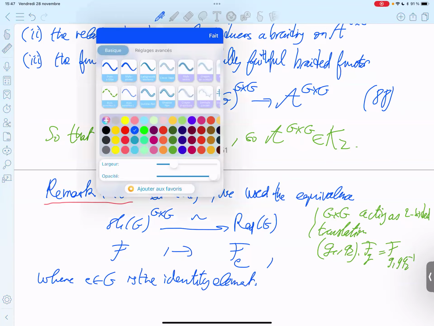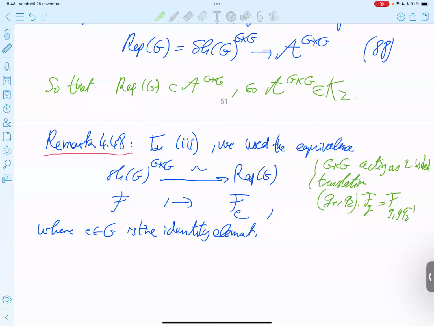So what can we say about that? So we are reduced to Fe by the above action.